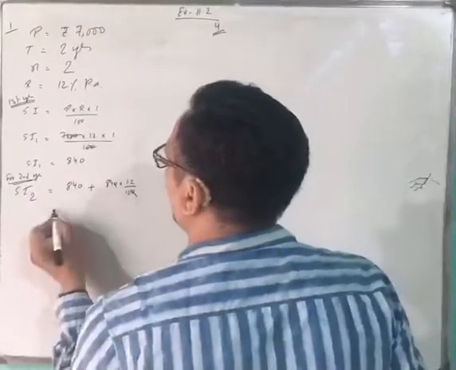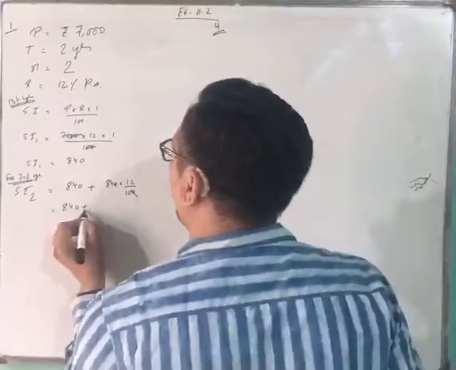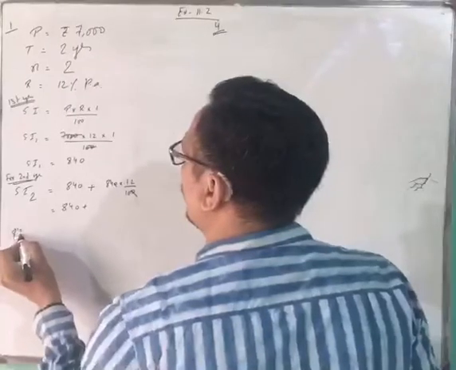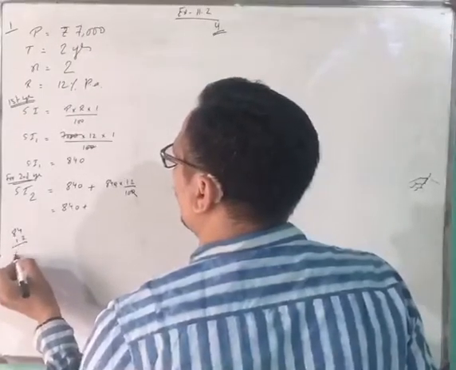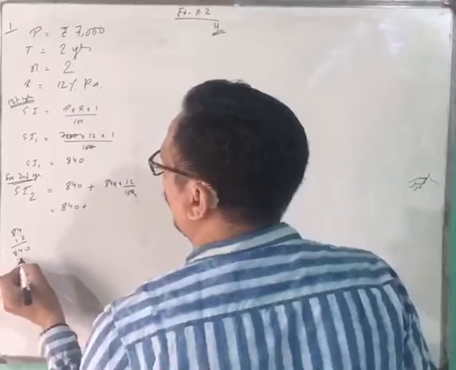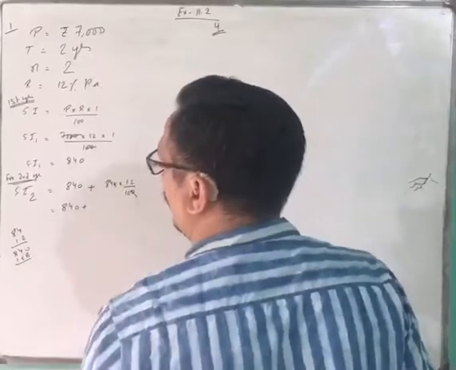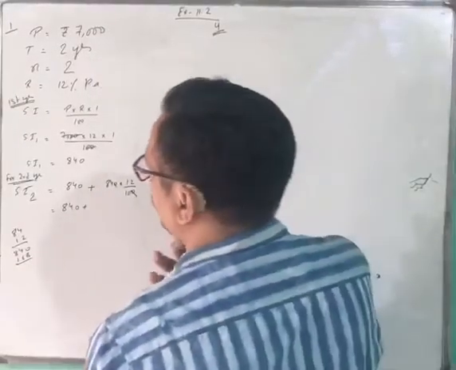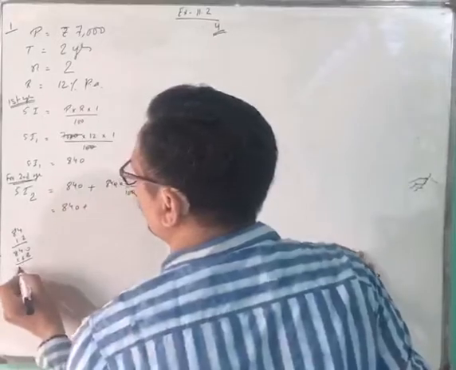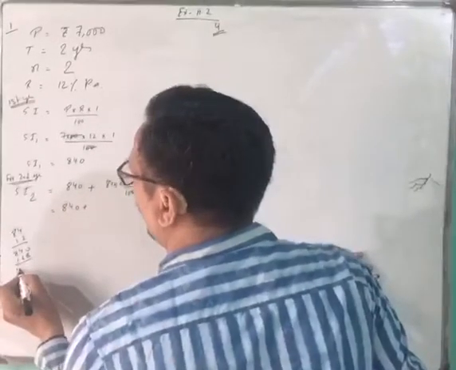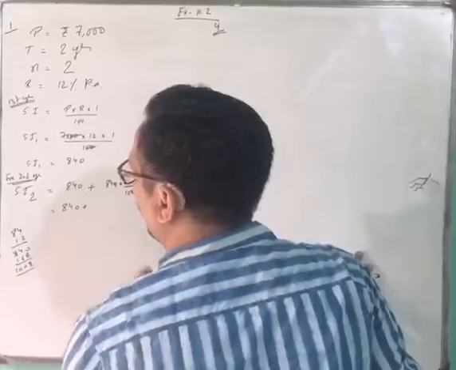You have to multiply it: 840 plus 84 into 10, that is 840 into 12, and you get 1008.